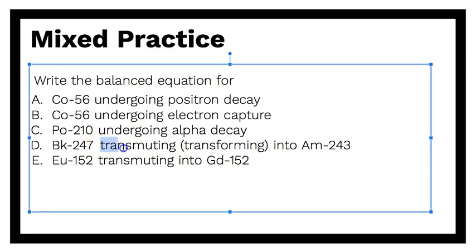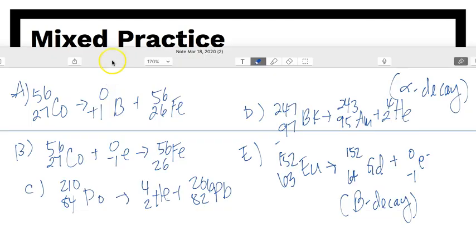Just one more thing to know, transmuting here means it's transforming. So it's going from BK247 to something lighter, like AM243. So notice how the mass goes down by 4. So therefore, you can infer that you're probably getting rid of a helium.